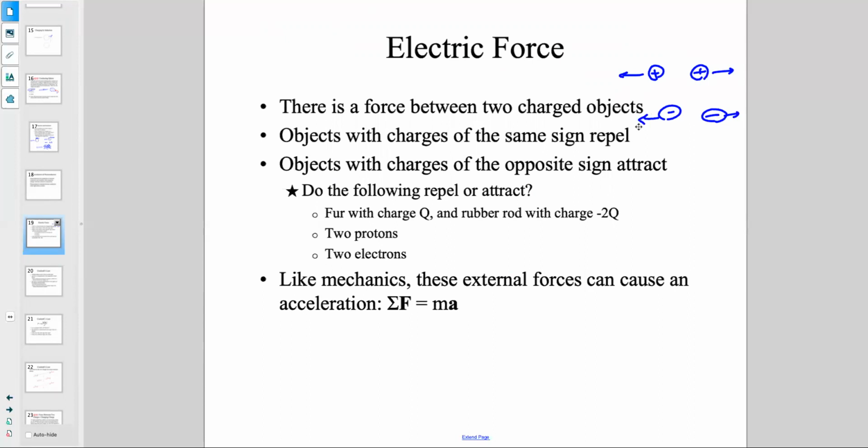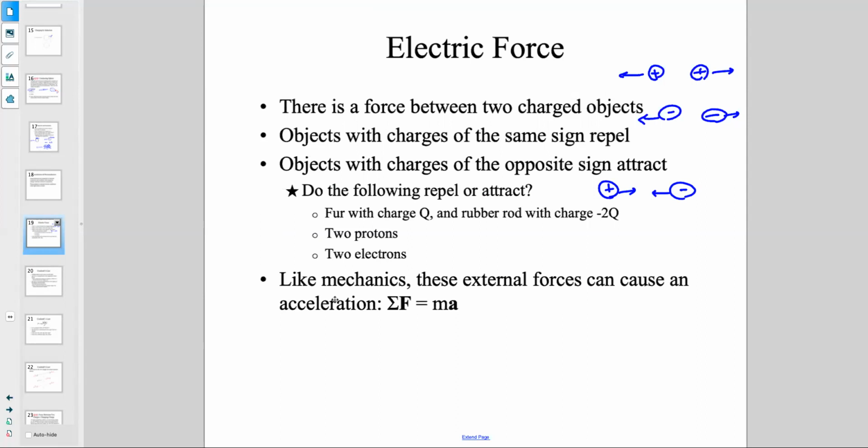Objects with opposite signs attract. So for example, if you have a proton and an electron, they will attract one another. Okay, so let's take a look at this. Fur with charge Q and rubber rod with charge -2Q. So they will attract. Two protons, we know, will repel. Two electrons, we know, will repel.